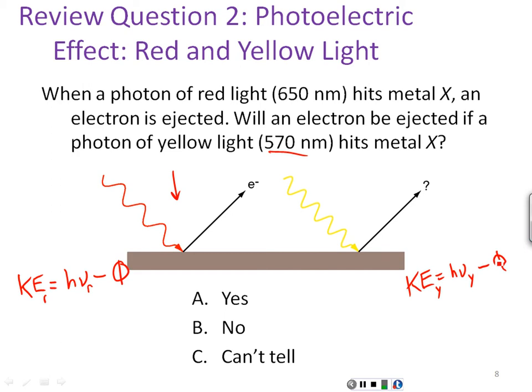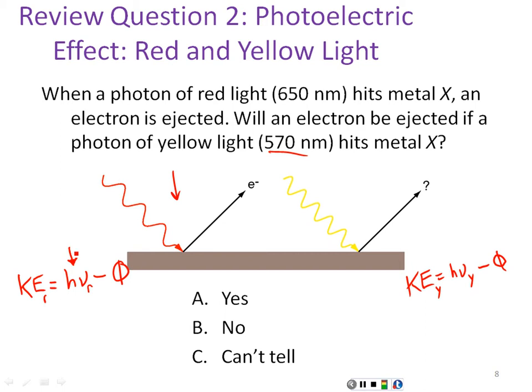Now phi is the same in both instances. It's the same metal, so the work function is the same. But the first light is red, so it has a longer wavelength, which means it has a smaller frequency, so its energy is less than the yellow.